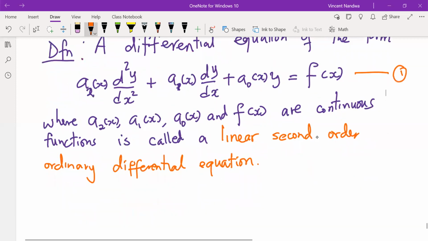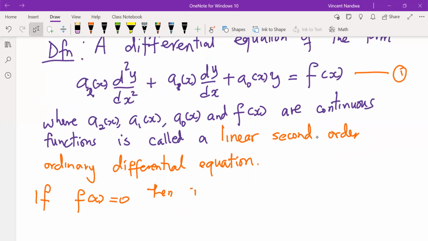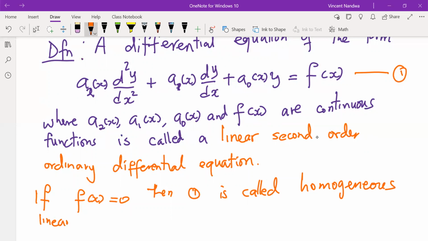So if f of x is equal to 0, then 1 is called a homogeneous linear second-order differential equation.